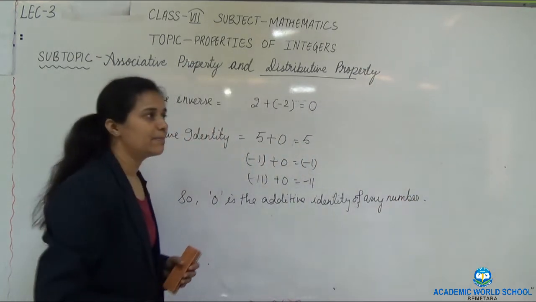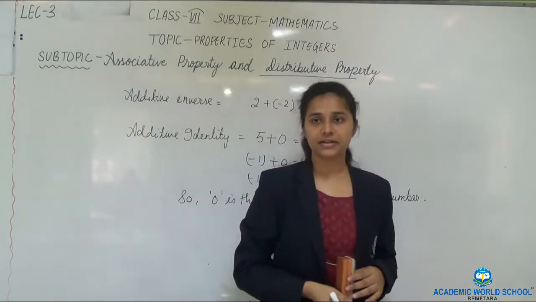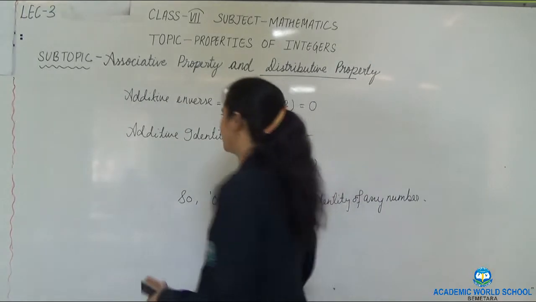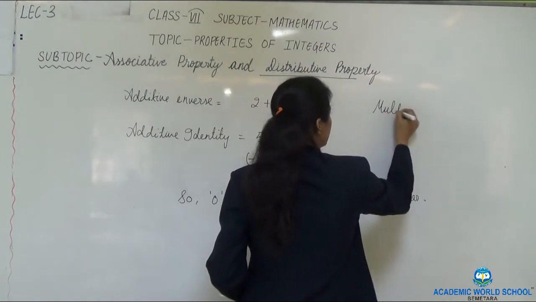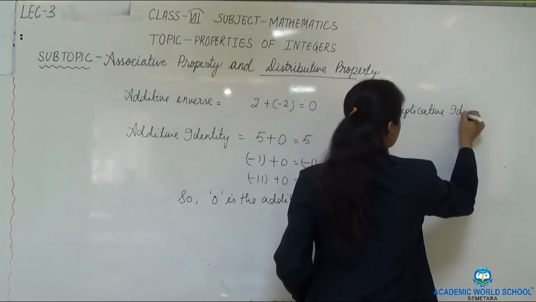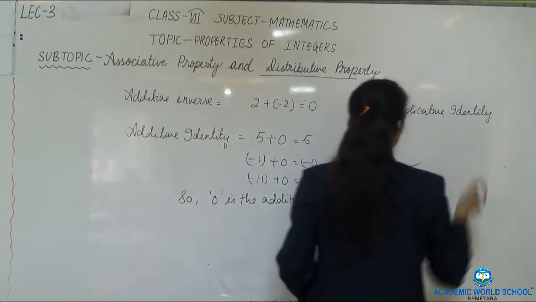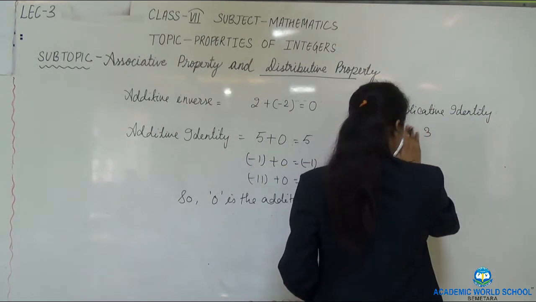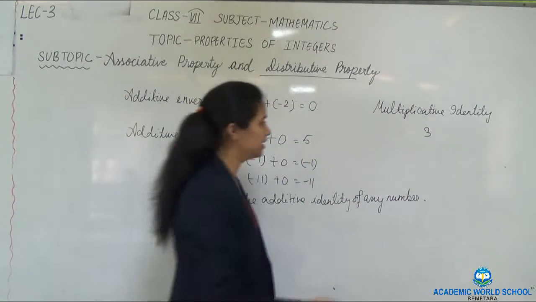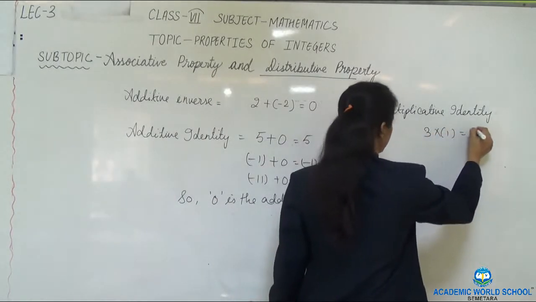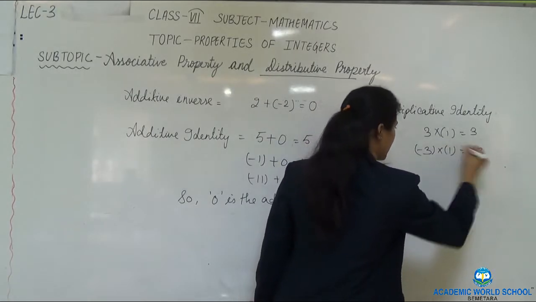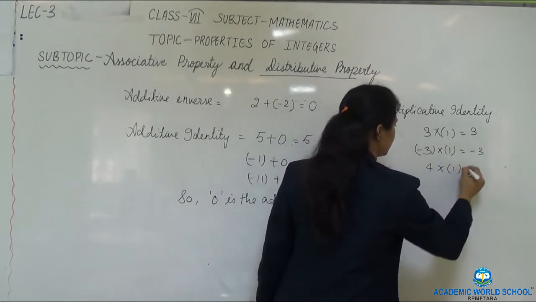Same way we have multiplicative identity. Multiplicative identity means if I have been given a number, what should be multiplied to it to get the same number? Suppose I am taking 3. What should I multiply to 3 to get 3? Obviously 1. So 3 into 1 gives you 3. Minus 3 into 1 gives you minus 3. 4 into 1 gives you 4.